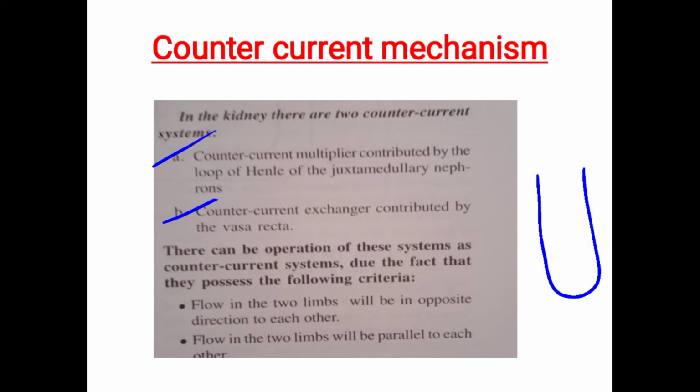It is contributed by the vasa recta, a special type of blood vessel present in the juxtamedullary nephron. So the concentration of urine is maintained by the kidney by these two systems, the counter current multiplier and the counter current exchanger.